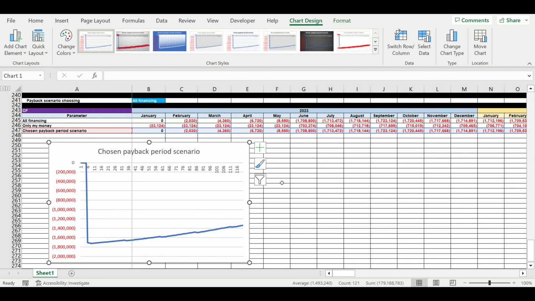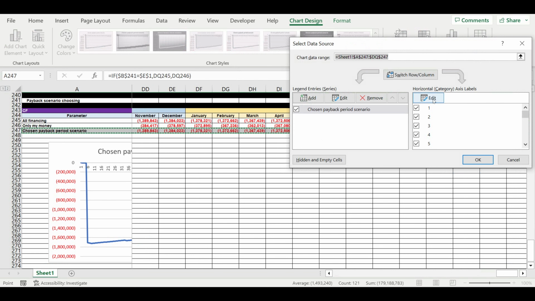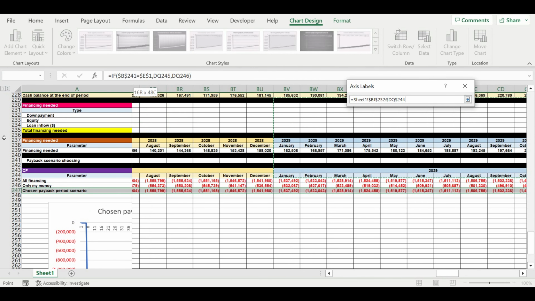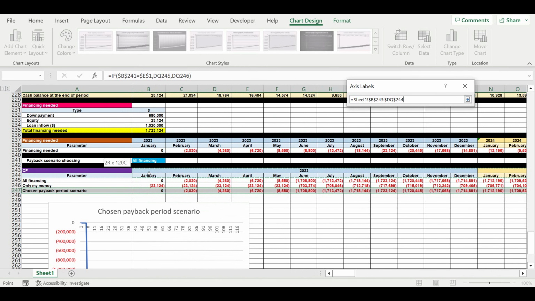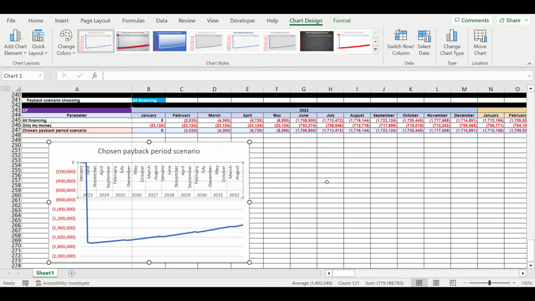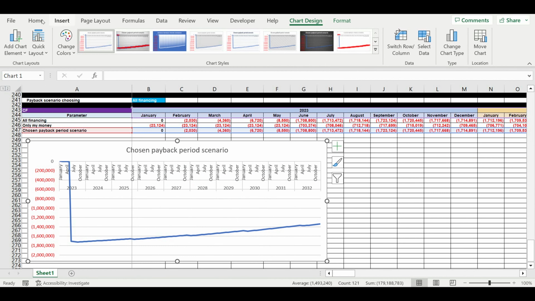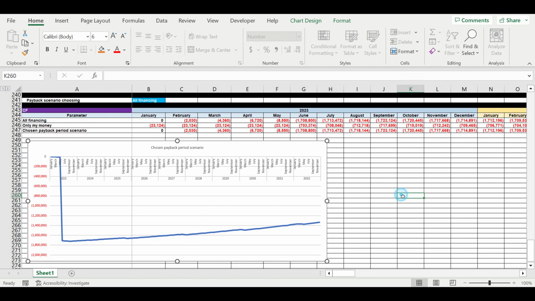And this will be select data, edit, so this is scenario number 1.